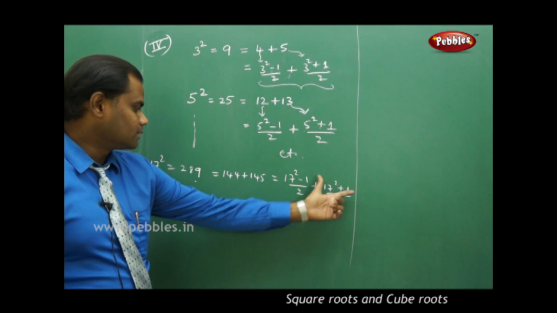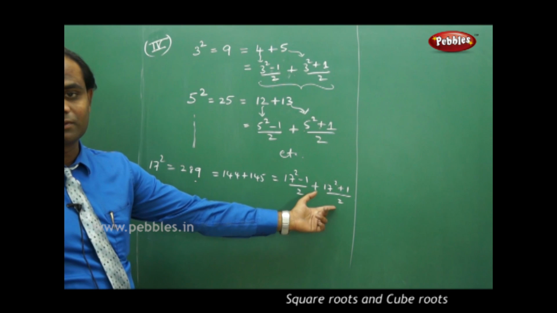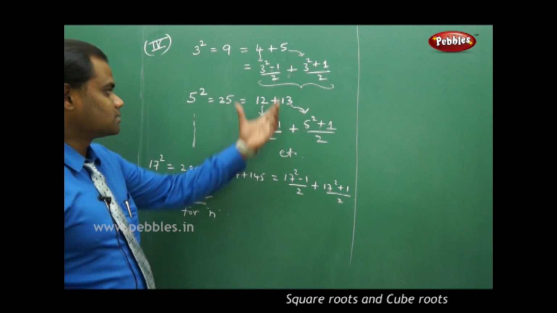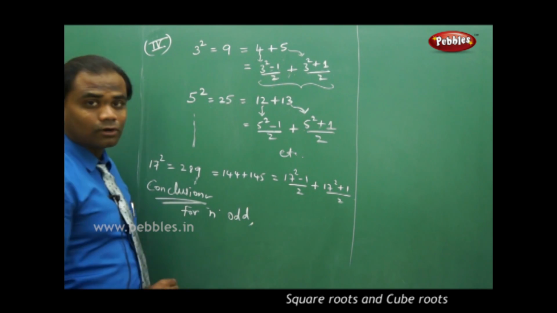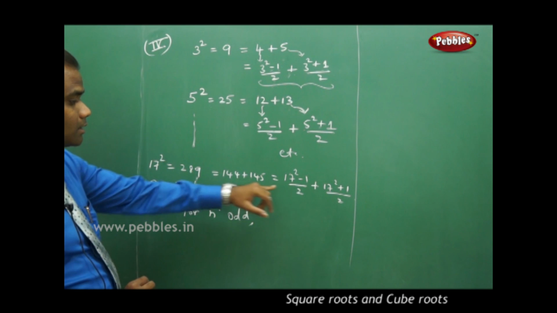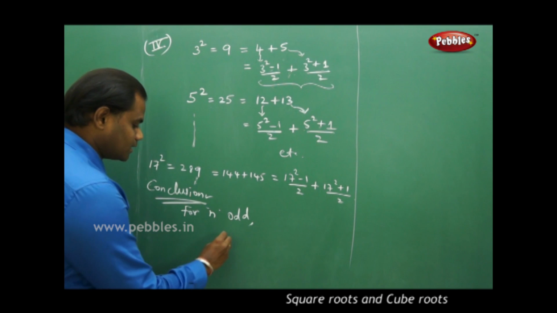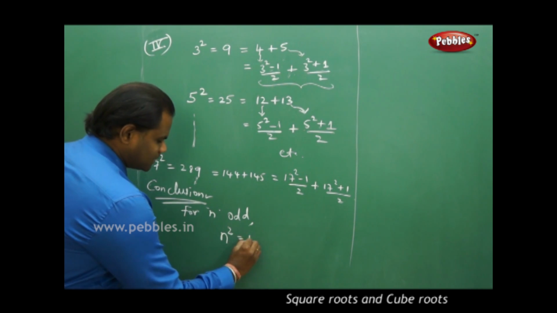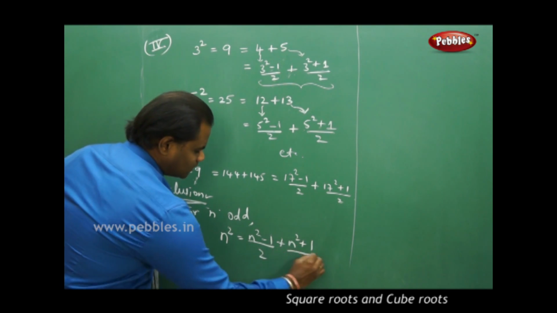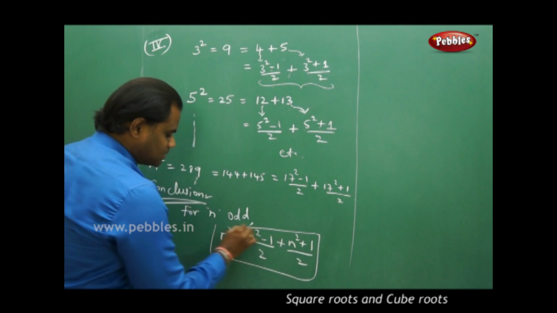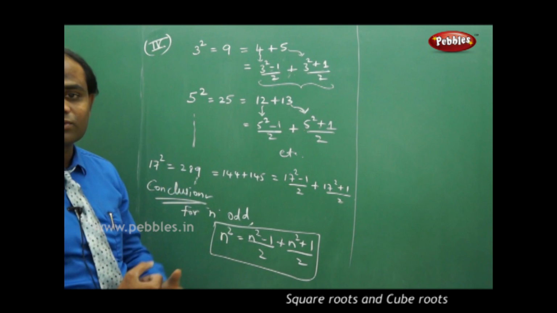As simplified, it can clearly give me the value, as you can verify and cross-check from the simplification on the right hand side. So using the above patterns, I make a conclusion that for any odd number which is squared, I get a pattern in this form. Therefore, for a general odd number n, n square can be written as n square minus 1 by 2 plus n square plus 1 by 2, as has been seen in various cases of different odd numbers taken as square numbers.